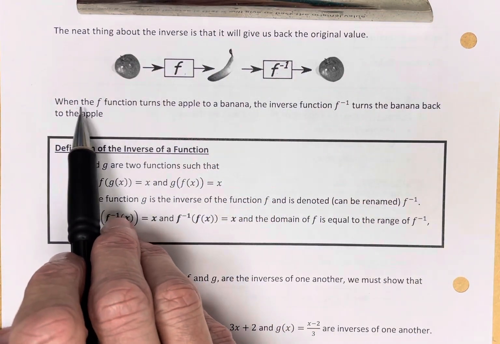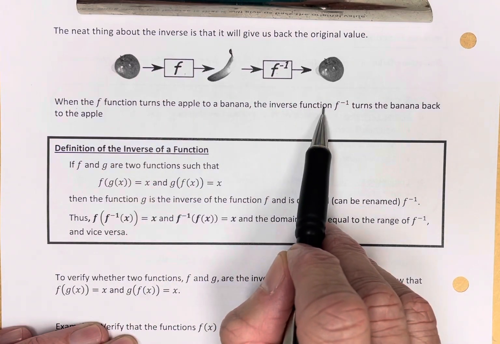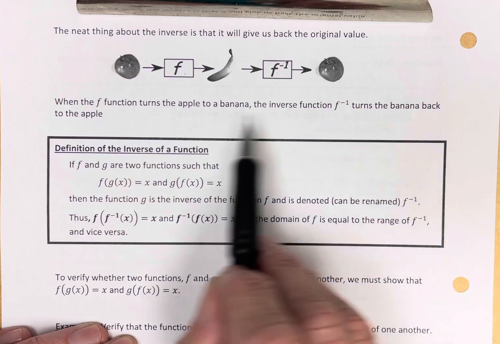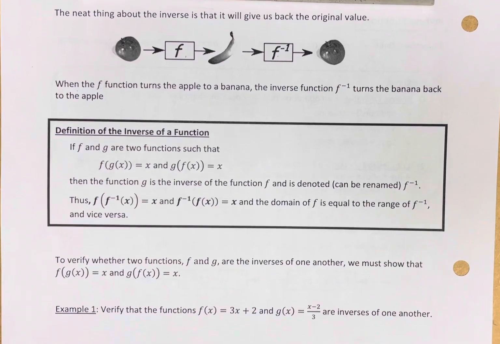So if the f function turns the apple to a banana, the inverse function, f inverse, turns the banana back to the apple. Just another probably silly way of looking at it, but that might help you remember it a little bit.